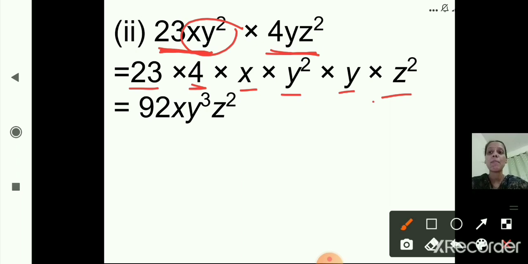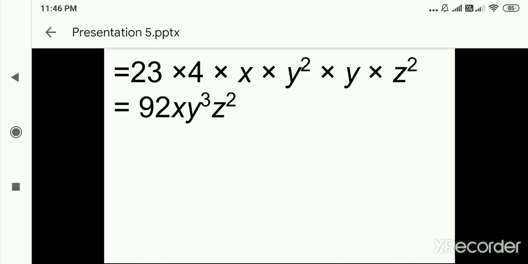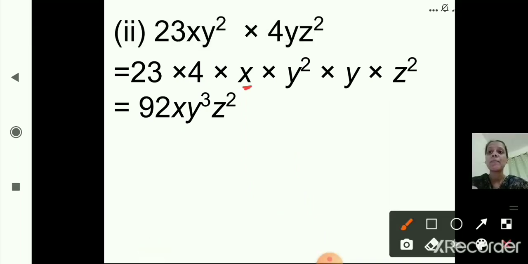Now 23 multiplied by 4: 4 3s are 12, 1 carrying, 4 2s are 8, plus 1 is 9. So the answer is 92. 23 multiplied by 4 is 92. The variable x we will write down as it is. Now y square multiplied by this y, that is y cube, because 2 plus 1 is 3.